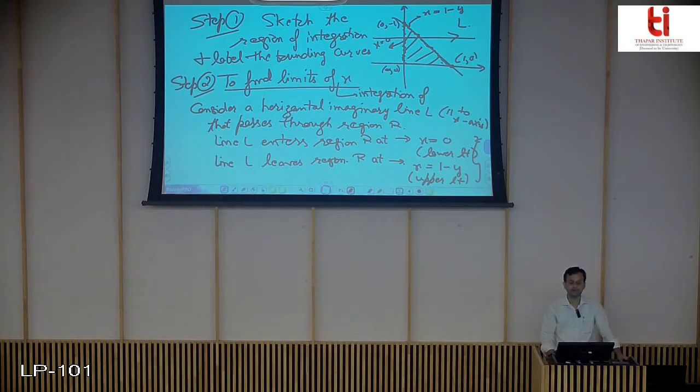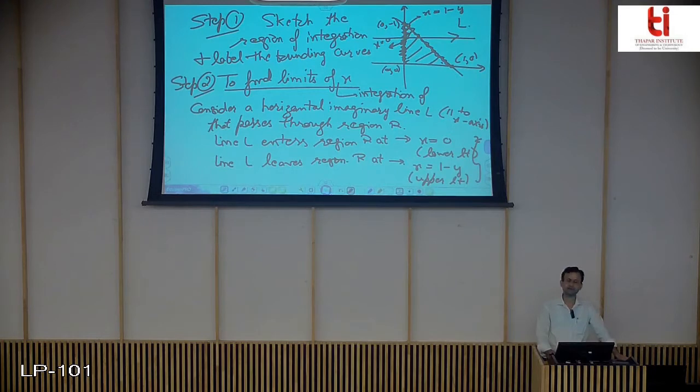One thing you should note: when we say it enters the region at the boundary x equals 0, the boundary should be the same wherever it enters and the same wherever it leaves. Here it always enters from x equals 0 and always leaves at x equals 1 minus y.